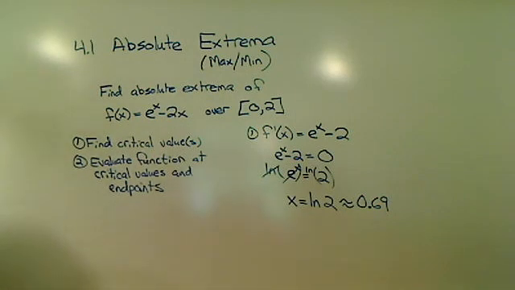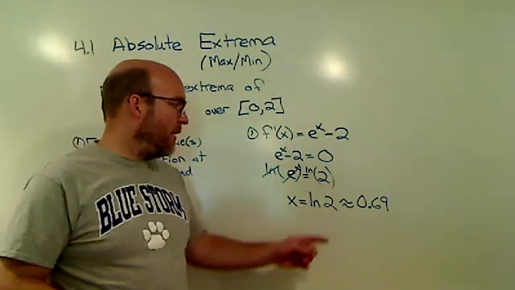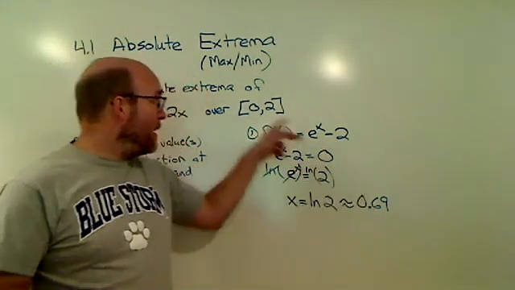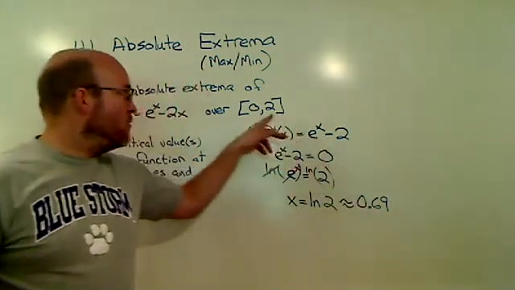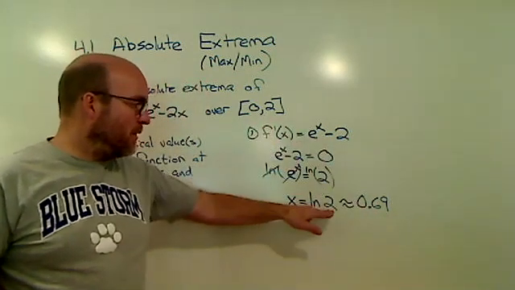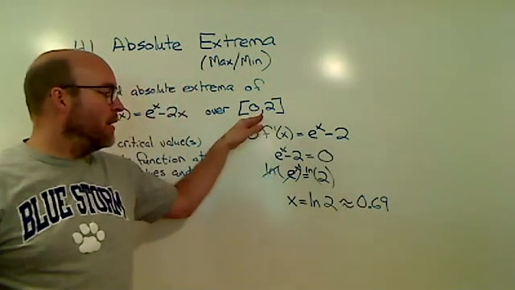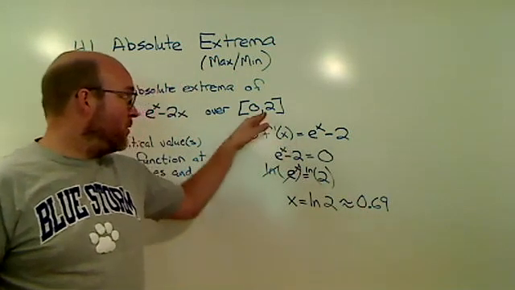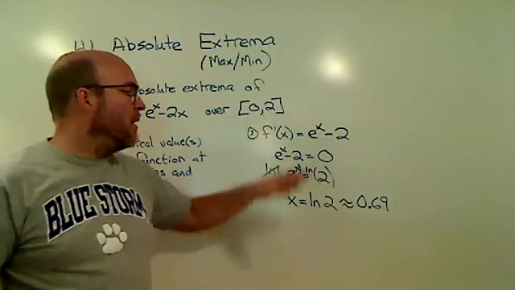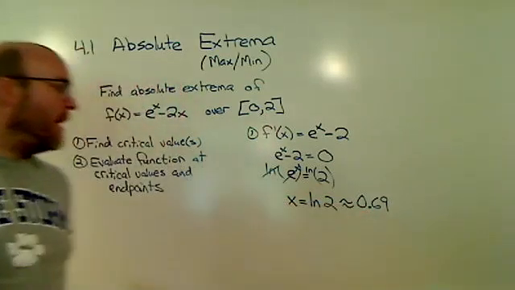Okay. And one of the reasons we actually want to take a look at that is that for our critical value to matter, it needs to be in our interval. So if you don't have a general idea of what natural log of 2 is, put it in your calculator to make sure that it's in our interval. But if you know that natural log of 2 needs to fall in there regardless, then there's no reason to really write that out.